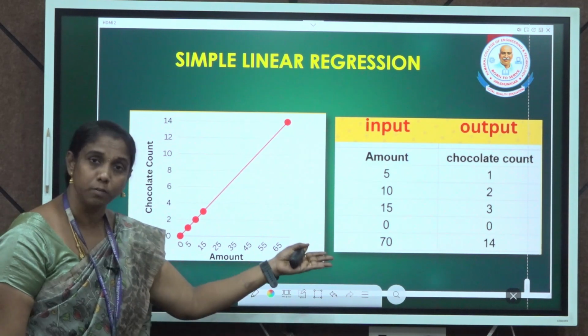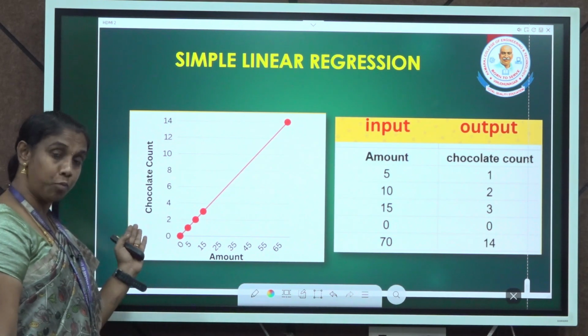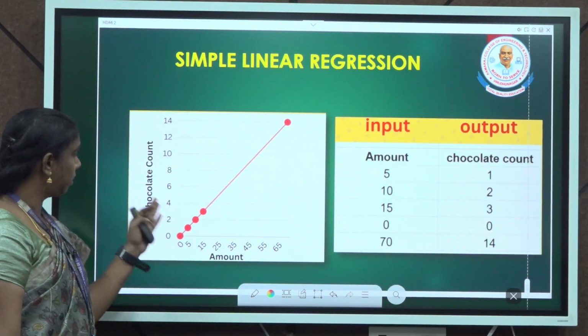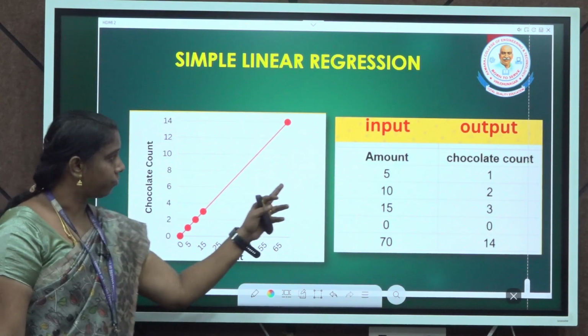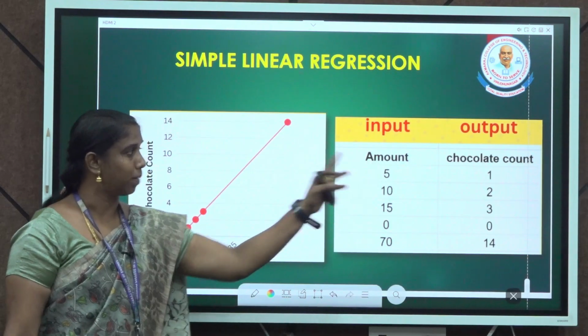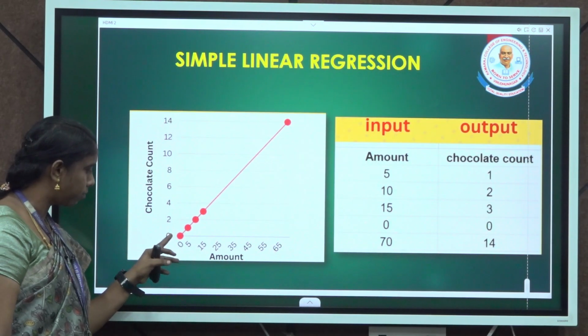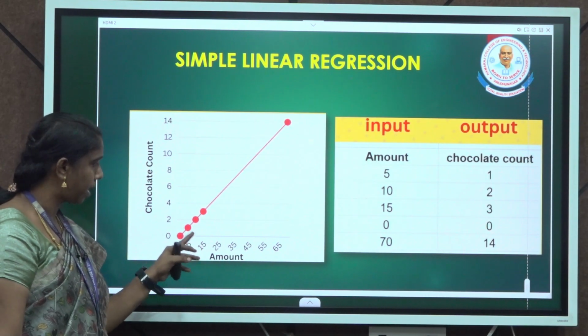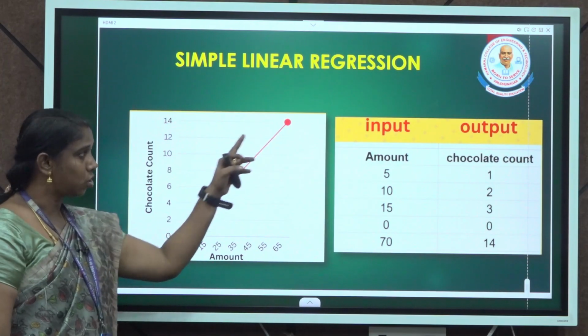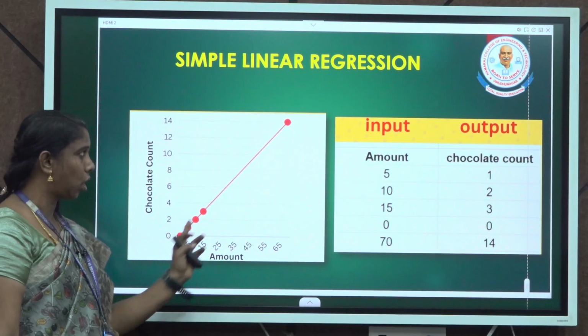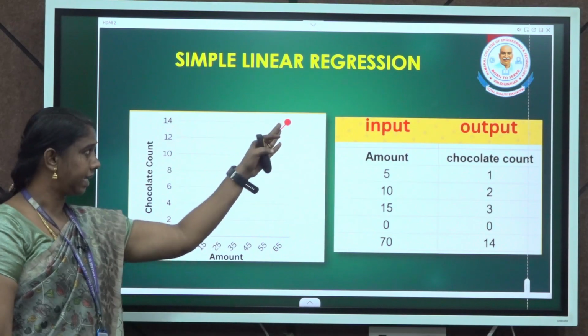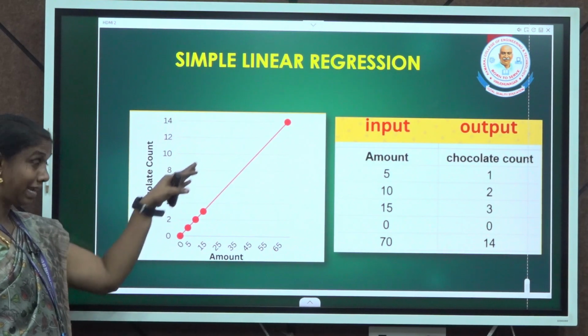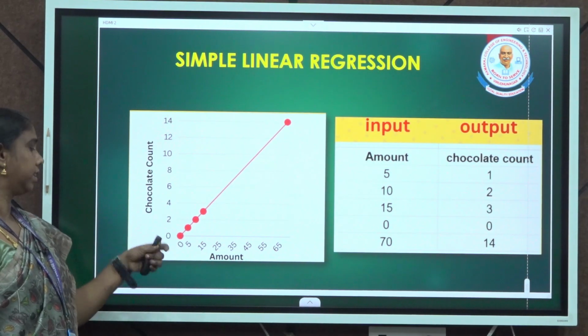Based on the input data set, I can plot the amount and the chocolate values. For 5 rupees I can buy 1 chocolate. For 10 rupees I can buy 2 chocolates. Based on this input data, I can draw the data set as a graph and get a straight line.